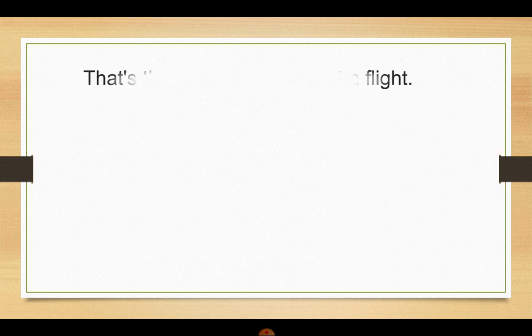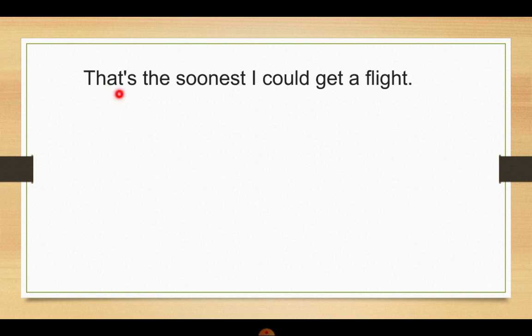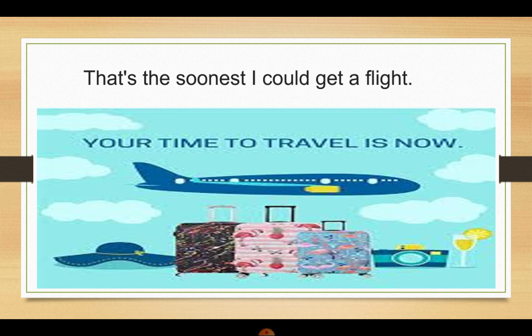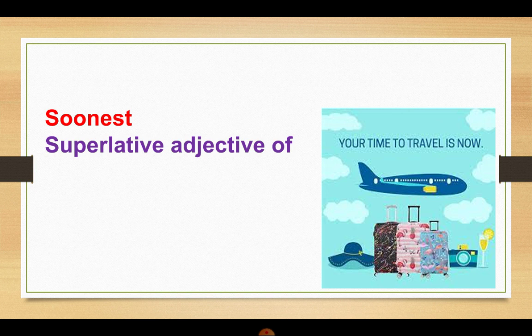Next sentence. That's the soonest I could get a flight. Who can find the word with the comparative or superlative adjective with the ending er or est? Amazing. The word soonest.